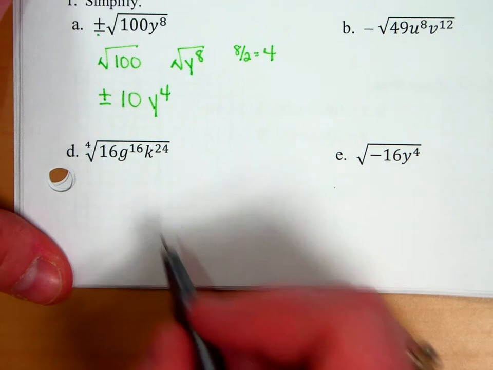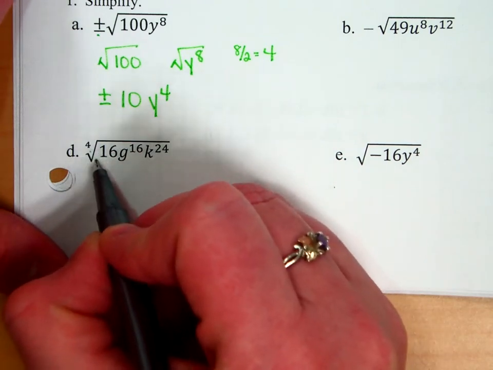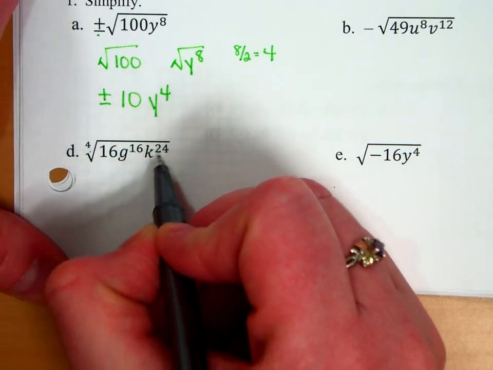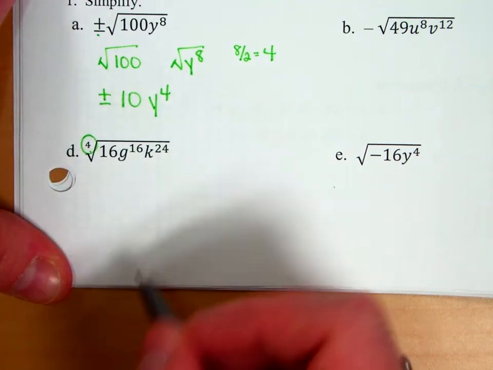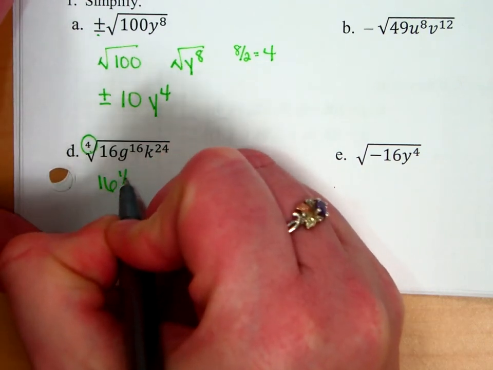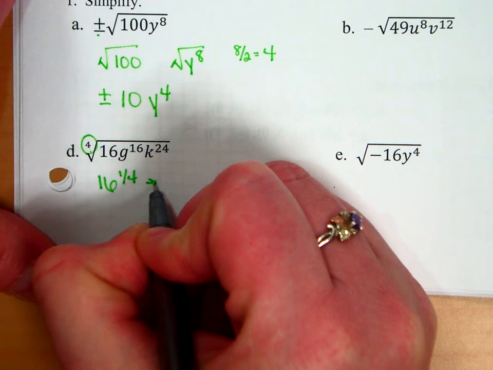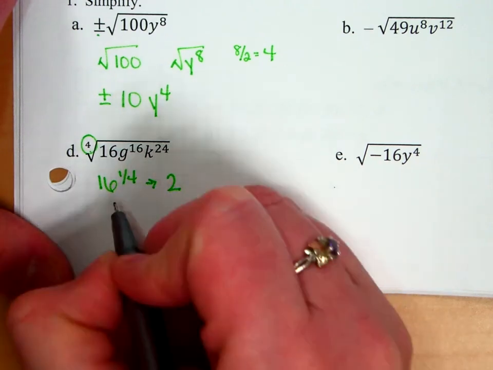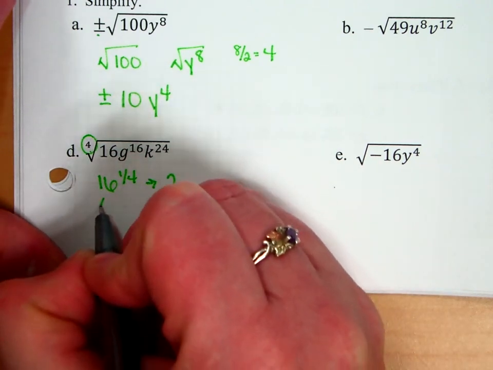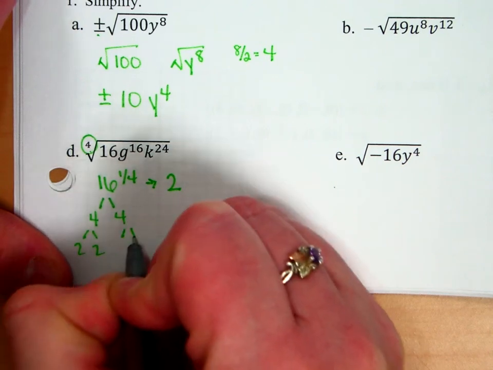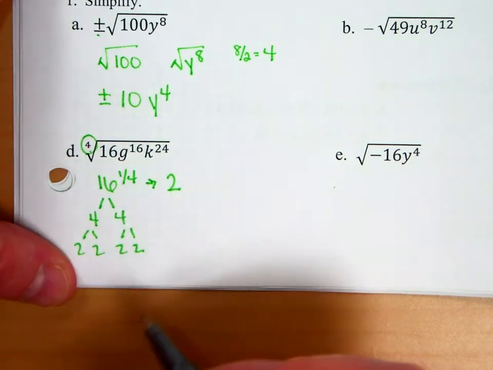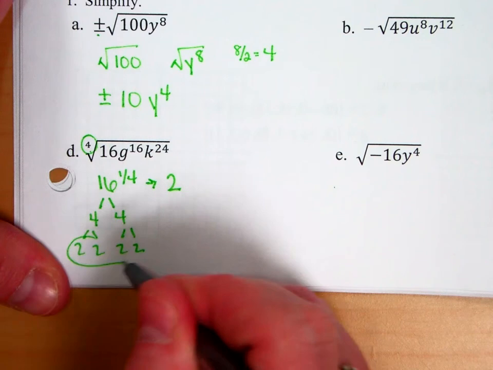Jumping down here, the fourth root of 16g to the 16th, k to the 24th. 16, I'm looking for the fourth root, so I can do 16 to the 1/4 in my calculator and get the answer of 2. Or if I want to, I can break 16 down into 4 and 4, 2, 2, 2, 2. And I know that since it's the fourth root, I'm looking for groups of 4.